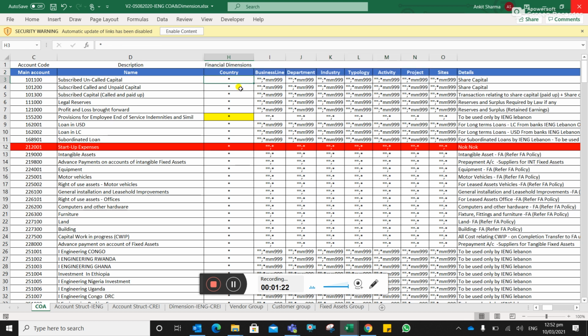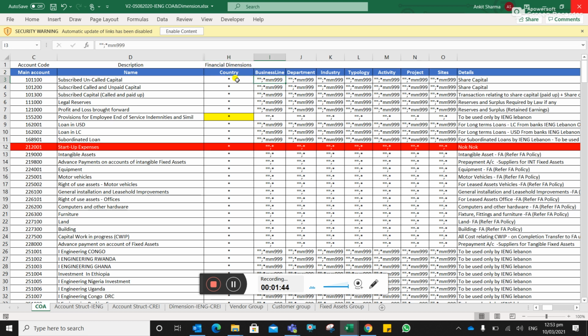So what are the set of rules that we applied to this account in combination with the financial dimension? The dimension country has a mark as star, so that means star is mandatory. The symbol of star means mandatory field that you need to capture.